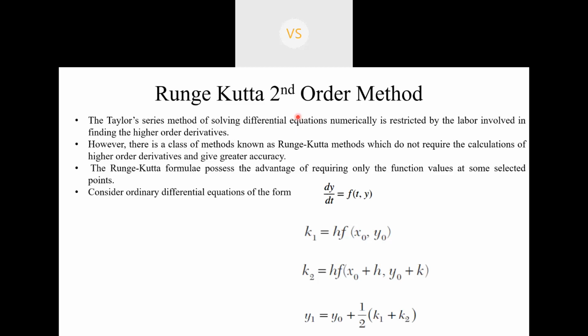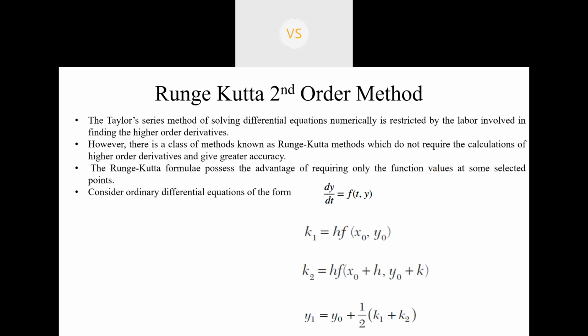Like this, we had to find out the higher order derivative terms. But in RK methods, it is not required. What we require is only function values at some selected points. So this is a simpler method than Taylor series method.